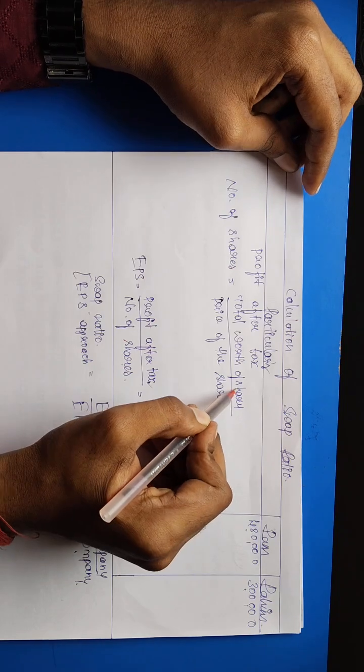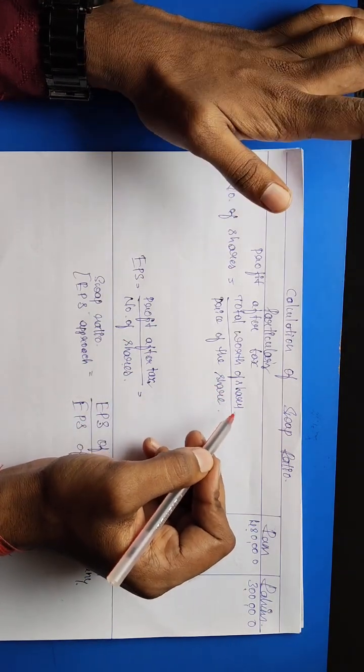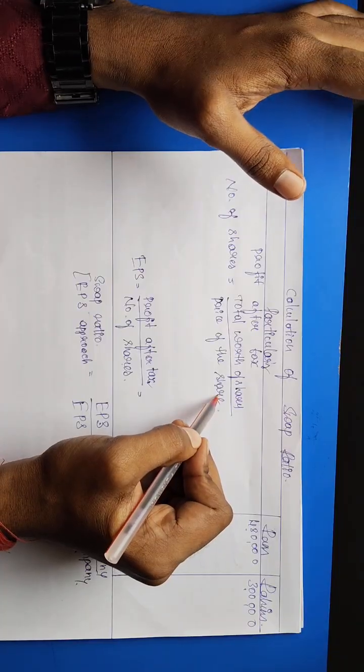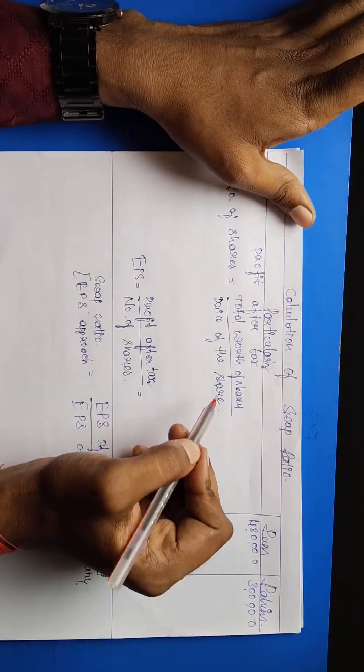So total worth of the shares divided by the price of one individual share, we will get the number of shares. Okay, what is the meaning of the price of the share? What is the actual price that one individual share currently has in the market? So that is the price of the share.